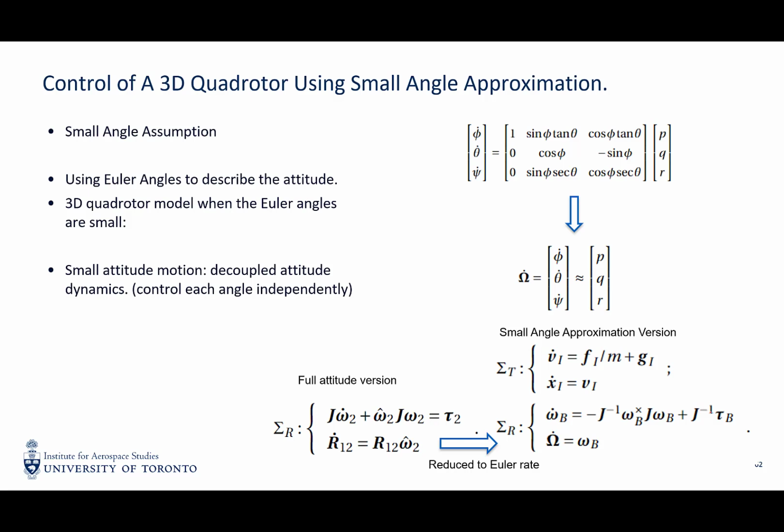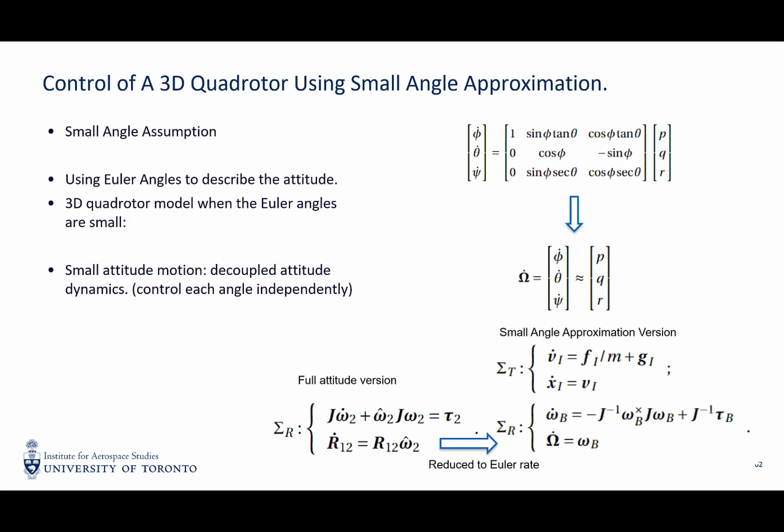Now, the first example here is that I use something called the small angle assumption. This is a controller especially for a quadrotor flying at a relatively low speed and with low maneuverability. Quite often it is just to stabilize a quadrotor at a given position.